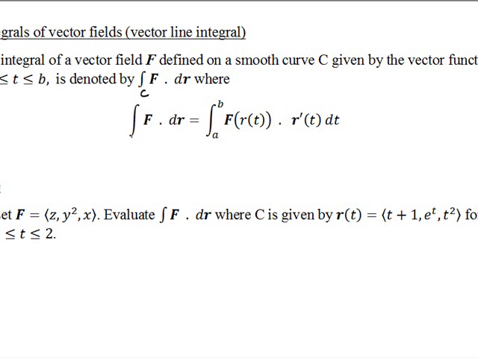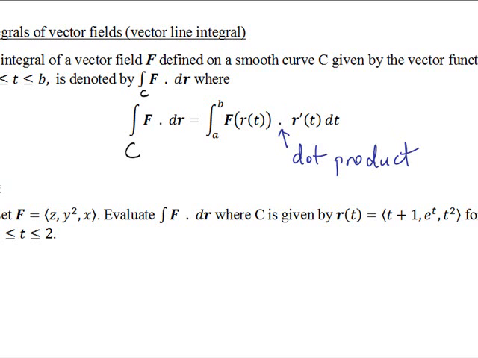So the formula is the integral from a to b: you write the vector field in terms of t, dot r prime of t. Let me make a note of that. This dot is dot product. It's not multiplication. We're dealing with vectors now, okay?